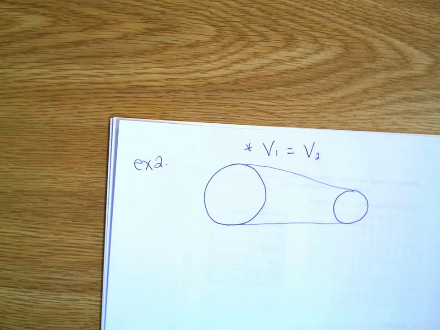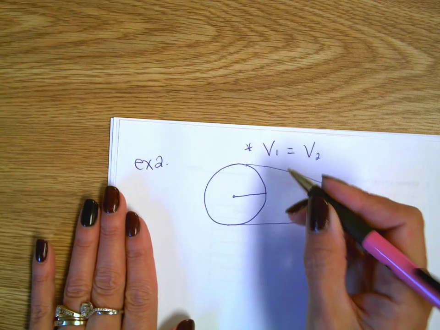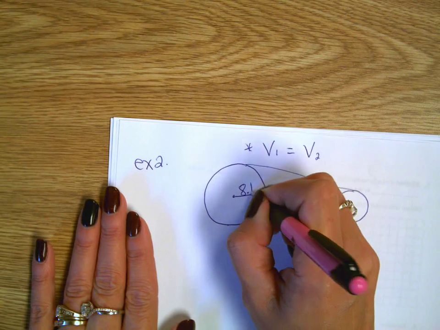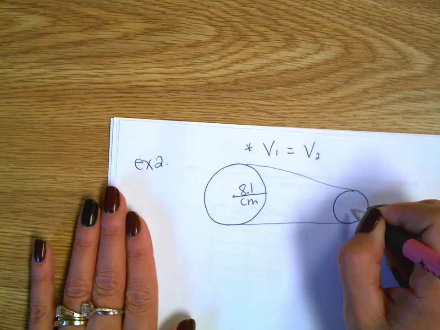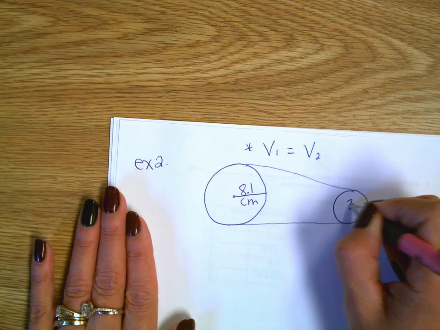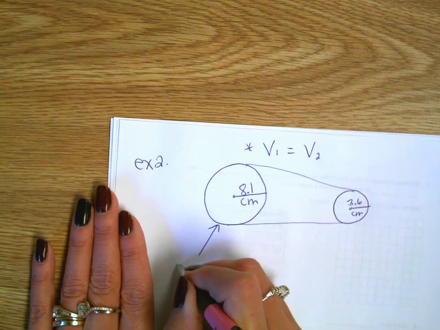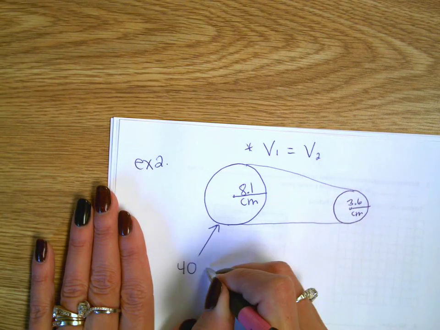Alright, so what's your information? We know this is 8.1 centimeters. This is 3.6 centimeters. This one is moving at 40 RPM.